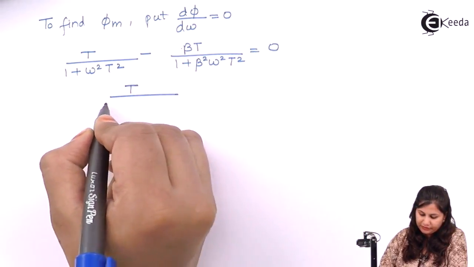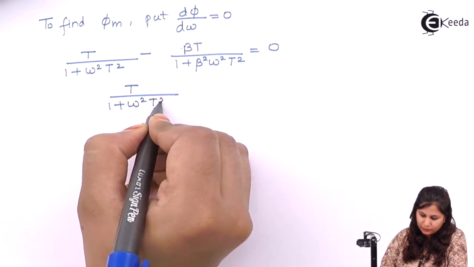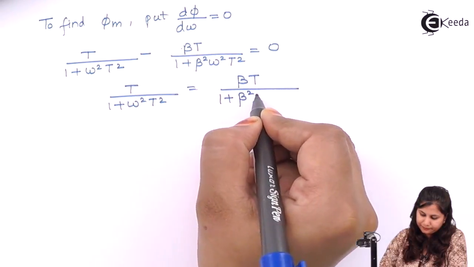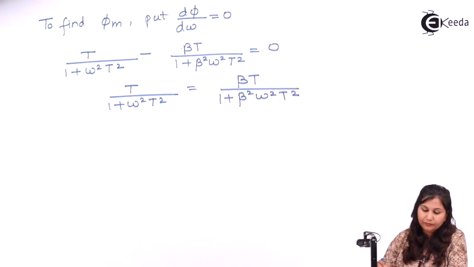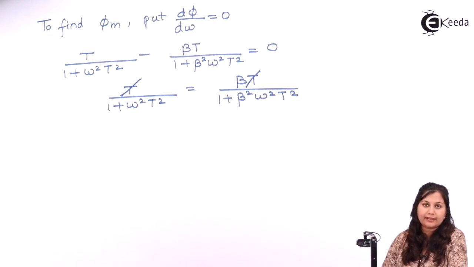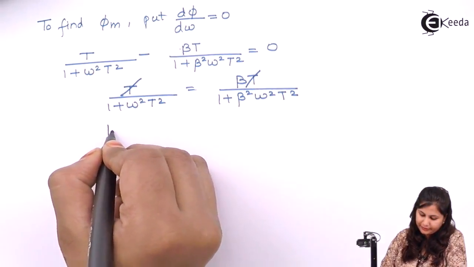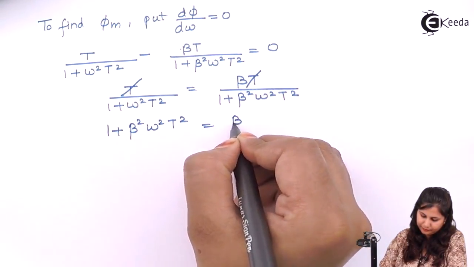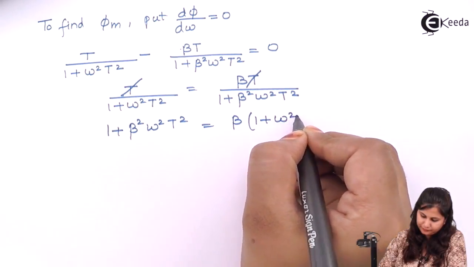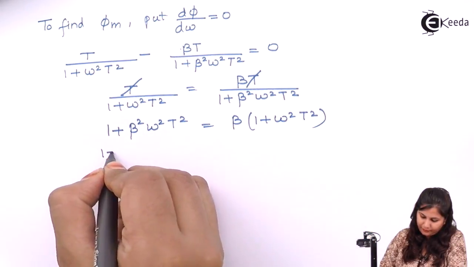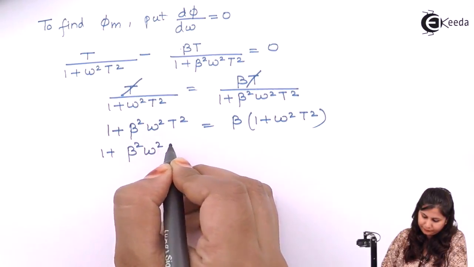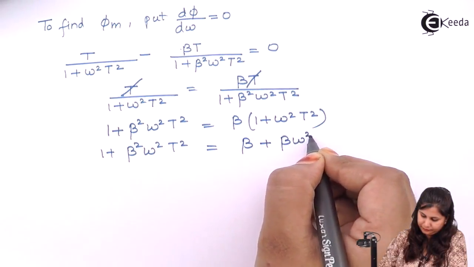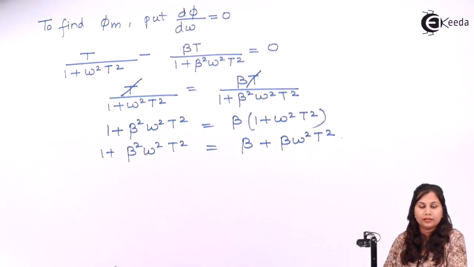So let's solve it. We will have 1 plus omega square t square equals to beta t upon 1 plus ... this t and t, they are cancelled out, cross multiply, we will get ... okay.